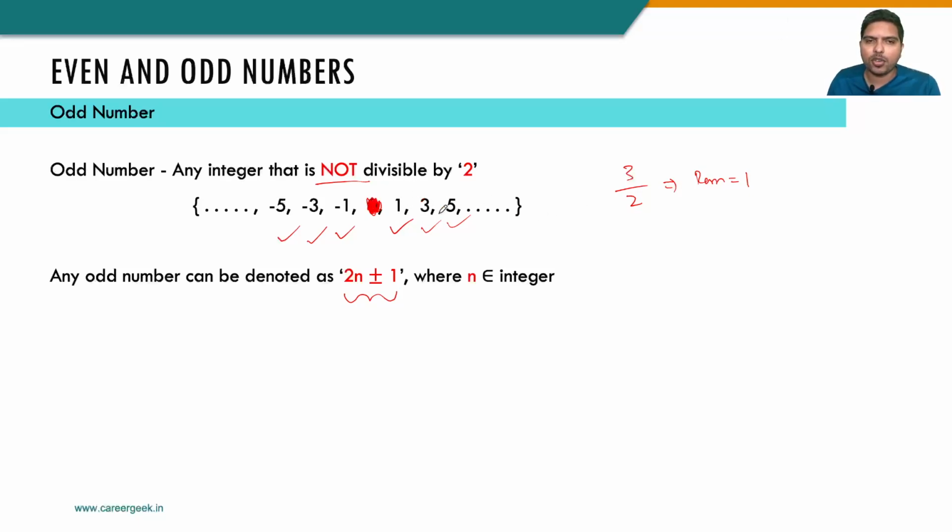Okay, make a note of this. And any even number, if you add or subtract 1 from it, let's say 2 plus 1 and 2 minus 1, you get an odd number for sure, right? We all know that consecutive integers are odd, even, and so on. So we know that 2n is an even integer. If you subtract 1 or add 1, you get an odd number for sure. So this is important.